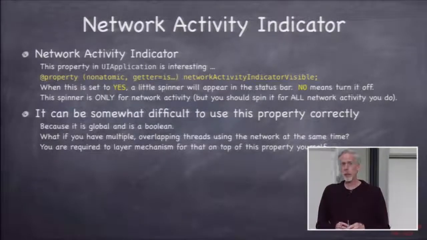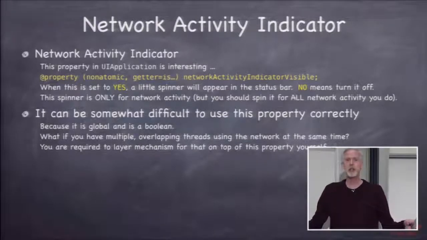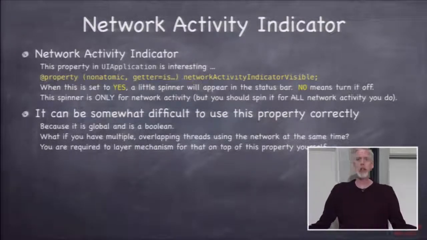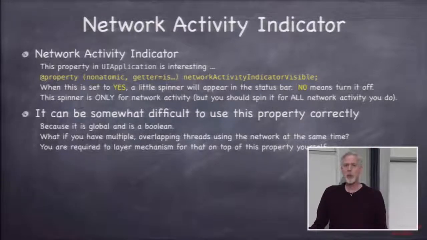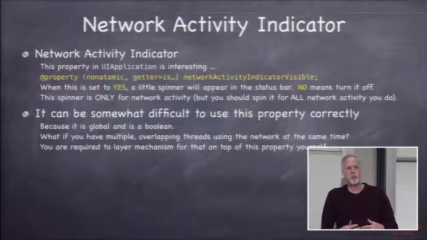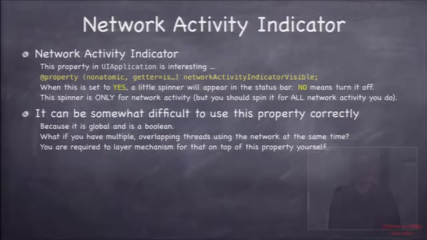It's a little bit difficult to deal with because A, it's global. It's on UIApplication, so all the threads in your application are all using this same spinner. And number two, it's a Boolean. It's not like a push and pop or a count. So imagine that you fire off a big Flickr fetch that's going to take 10 seconds, and you turn this network activity indicator to yes.